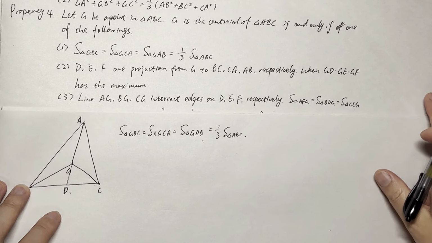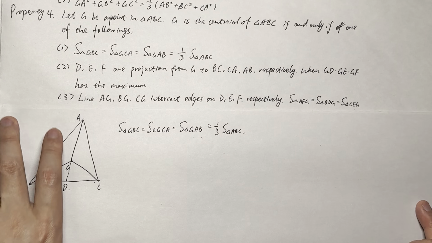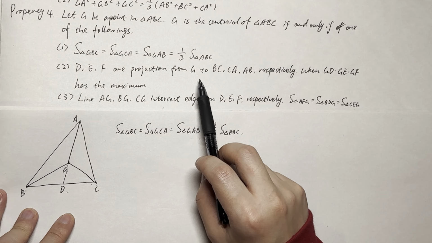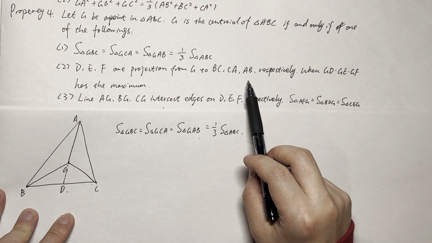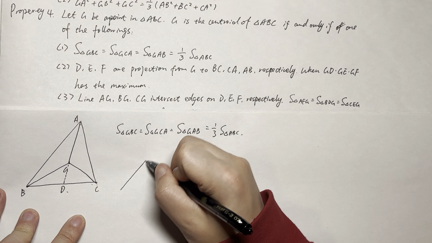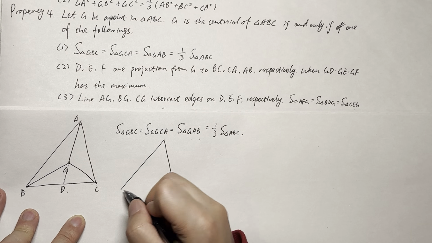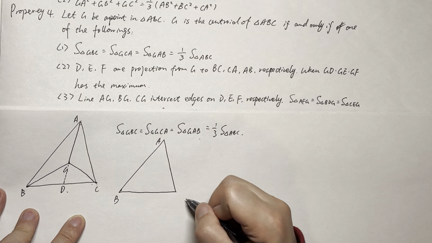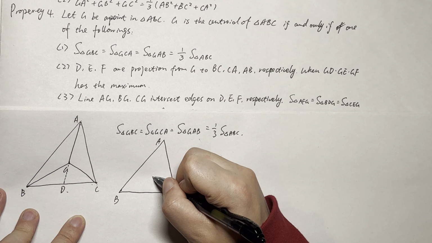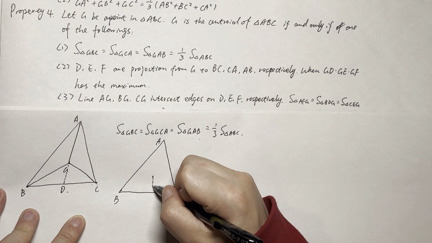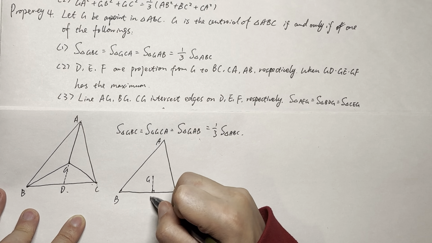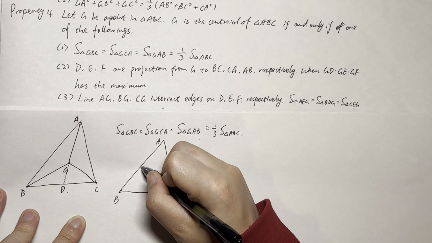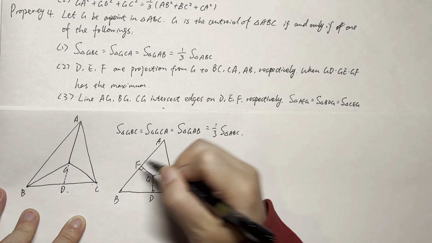Okay, the first one is simple, and the second one: D, E, F are projections from G to BC, CA, AB. So we have the centroid G here, and D, E, F, right?